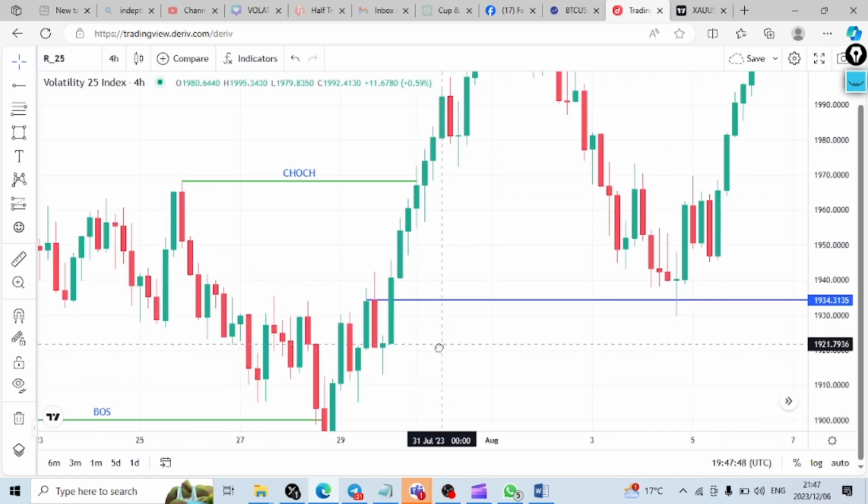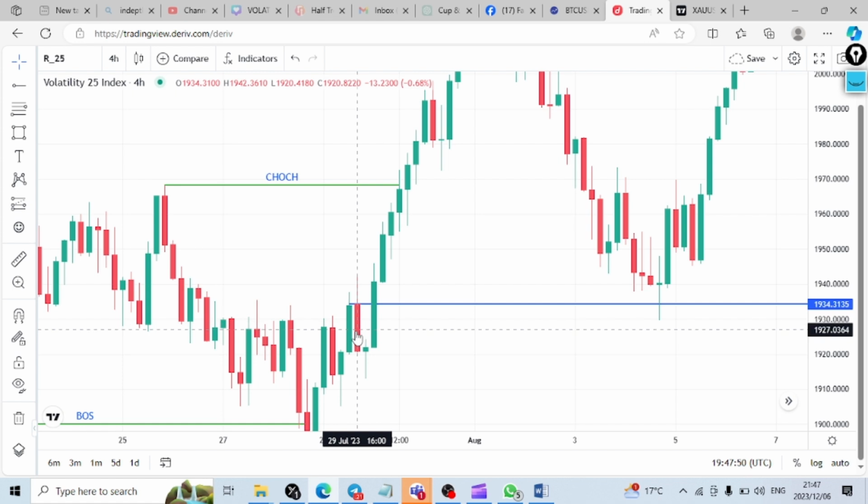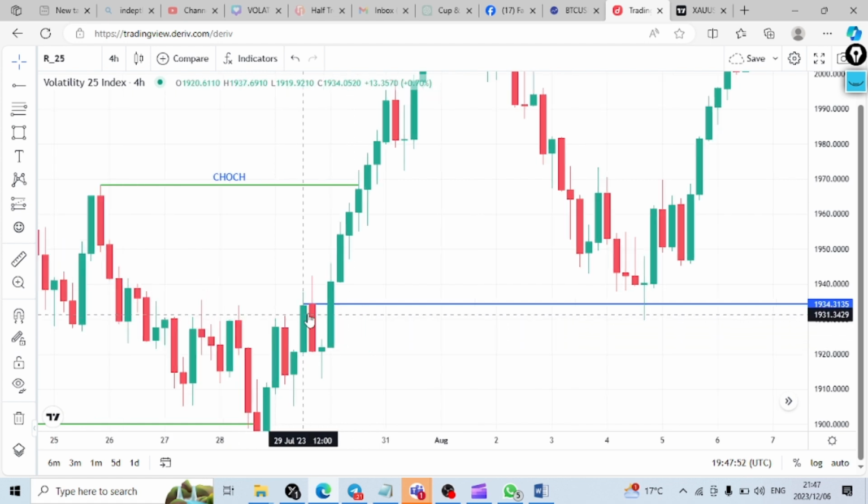Because of what I've just explained, this fair value gap, this order block, this bearish candle is our valid order block. Why? Because there's a fair value gap close to it. This is the gap.